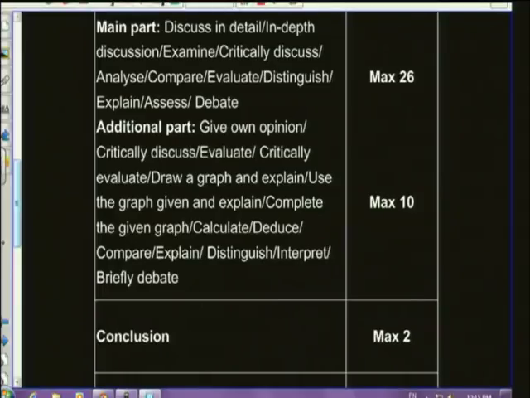Now the main part will cover things like discuss, in detail, in-depth discussion, examine, critically discuss, analyze, compare, evaluate, distinguish, or explain, assess, or debate. That means that you must give a little bit more information than just naming the topic. So you will elaborate, you will explain in detail, and you will write examples where possible.